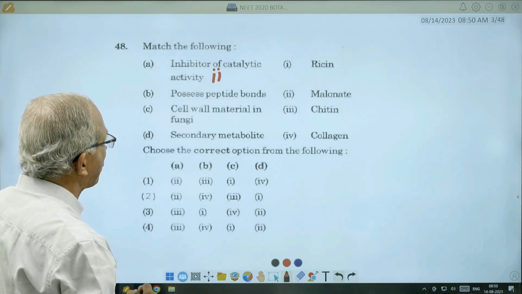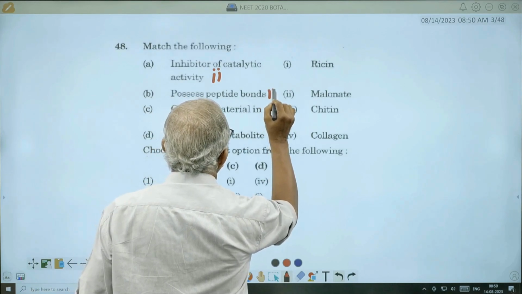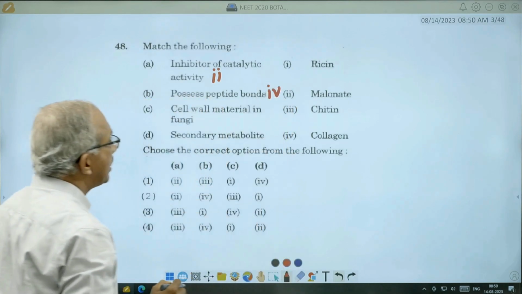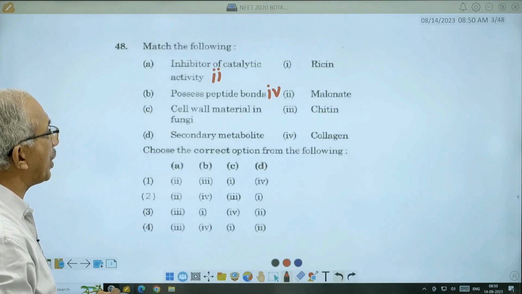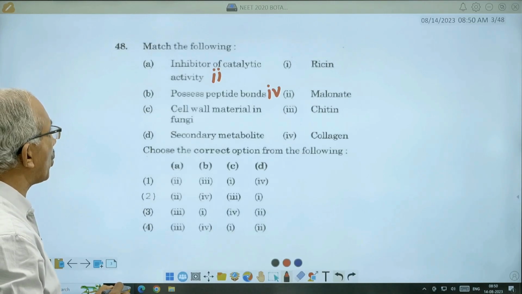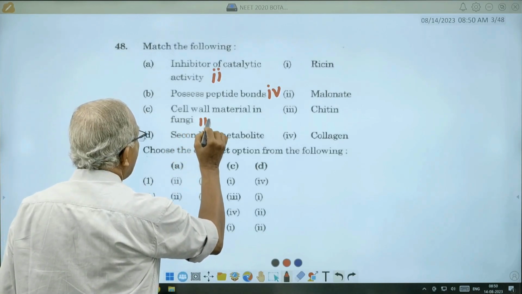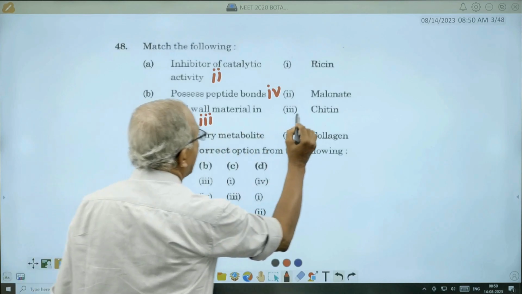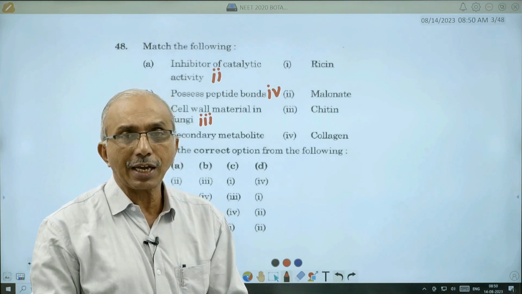Possess peptide bonds. Peptide bonds are present in proteins. Among the given, collagen is a protein. Cell wall material in fungi can be matched with chitin. Chitin is a polysaccharide.